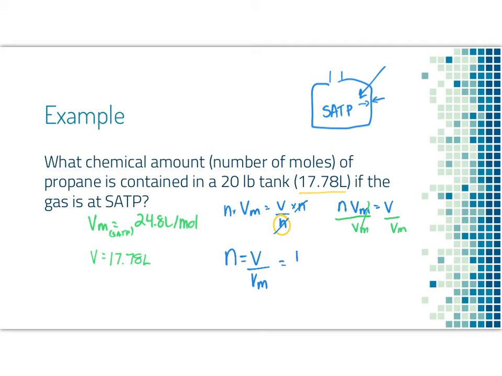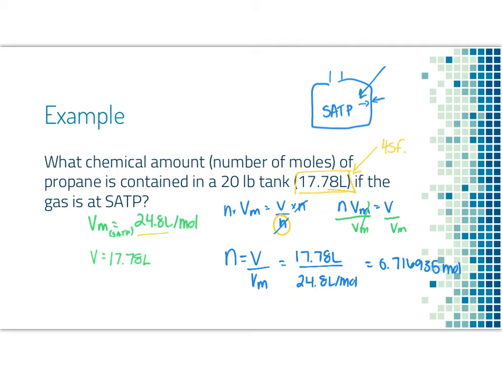So the number of moles then is 17.78 liters divided by 24.8 liters per mole. And this gives me a number of moles of 0.716935, and that's moles.